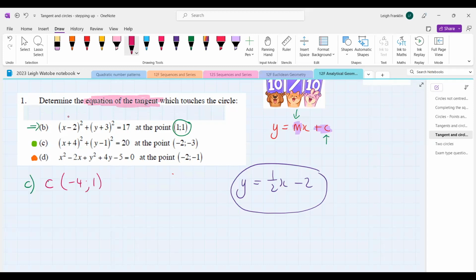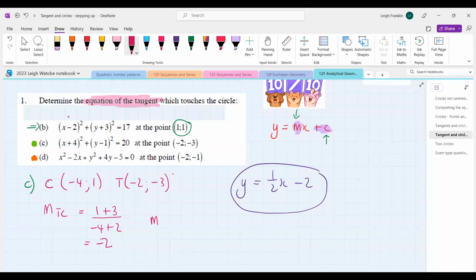Remember, the point of tangency is the point -2, -3. So the gradient of the tangent is going to be 1 minus -3, so that's 1 plus 3 over -4 minus -2, so that would be +2. So here you would have ended up with 4 over -2, which gives us -2.